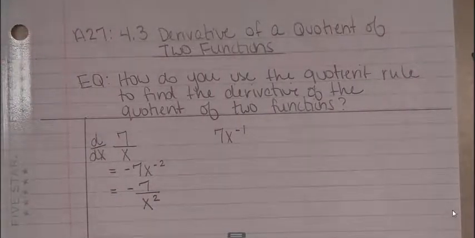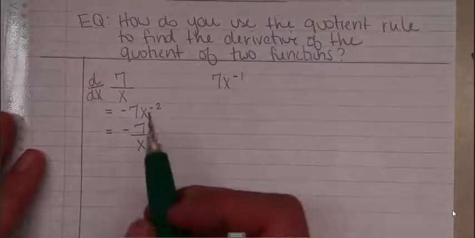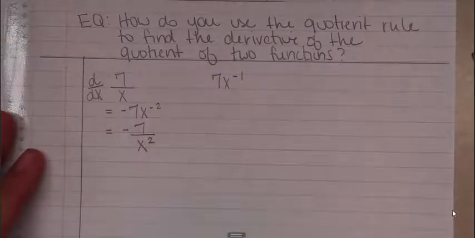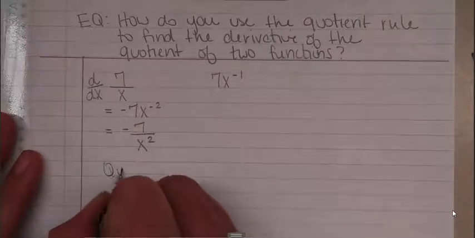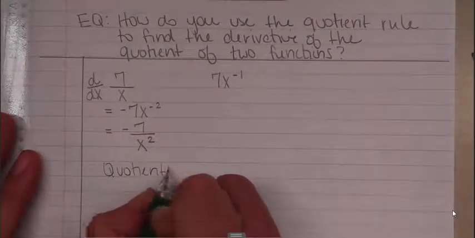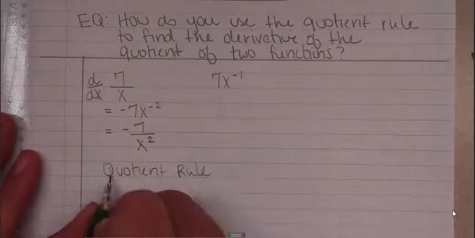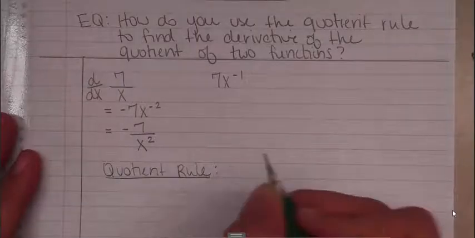Okay, so that's not always going to be feasible. You're going to actually need to know the quotient rule. You need to know how to do this if it was something other than x in the denominator. So that is why we have this thing called the quotient rule. And just like the product rule, you need to memorize it.